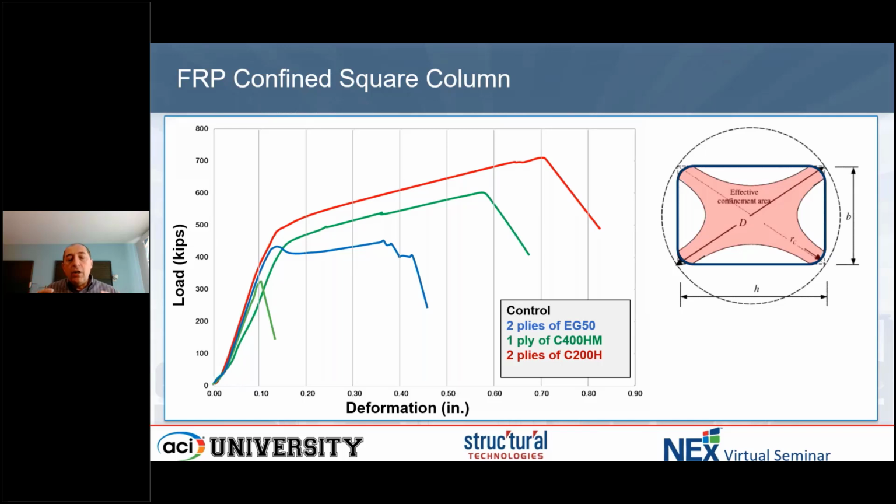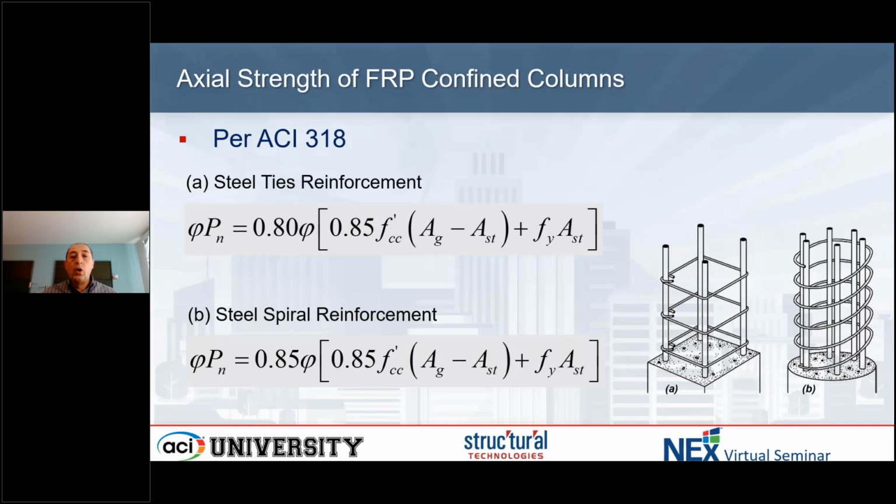So the effectiveness of the FRP is a little bit less. We still can see increasing capacity, 30, 40, 50%, sometimes 100%, depending on the cross section aspect ratio, but it's of course less than that for a circular section. In all cases, we see a significant increase in ductility.